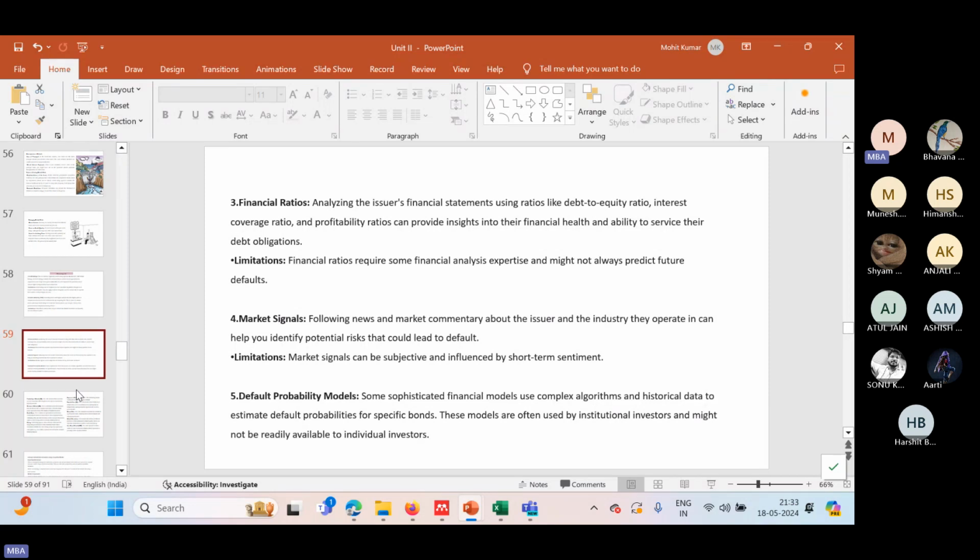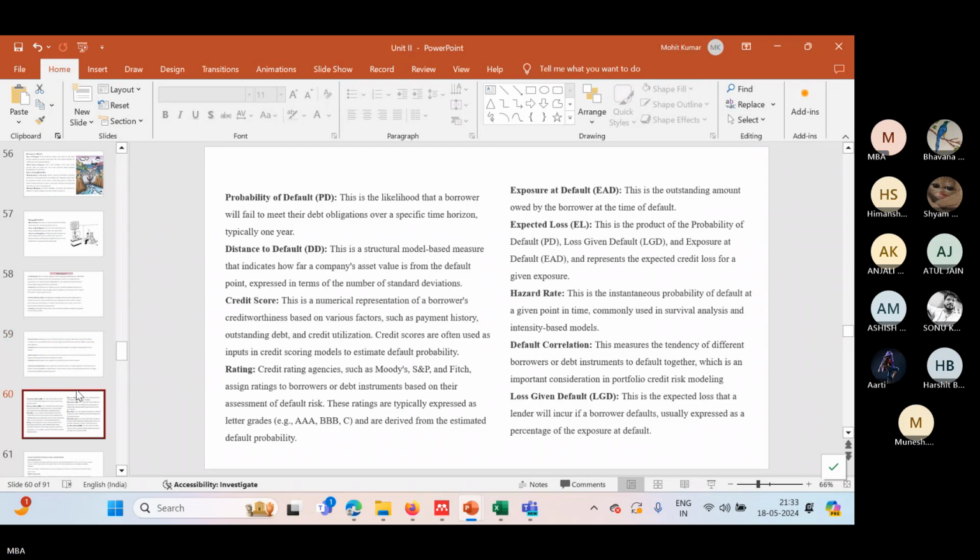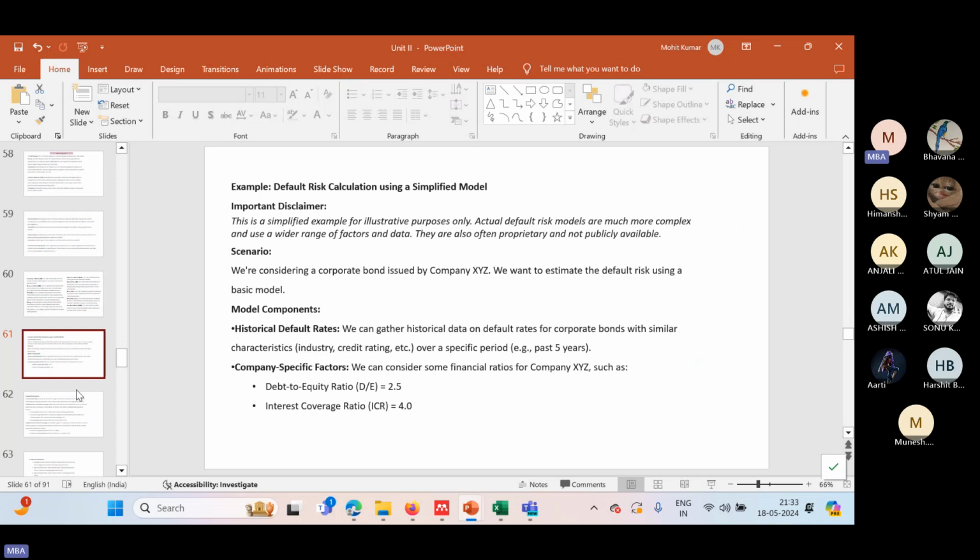One example we discussed in upcoming slides. For that, there were certain terms we discussed: probability of default, distance to default. These are the theories we discussed that day. You can go ahead with that also. This was one example we discussed about default risk calculation using a simplified model. So we had multiple scenarios. What did we do? We have historical default rates and we have company specific factors.